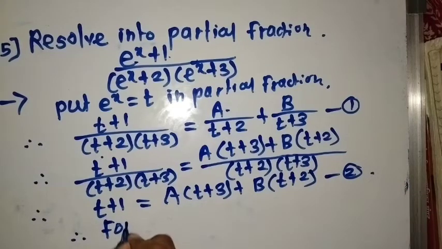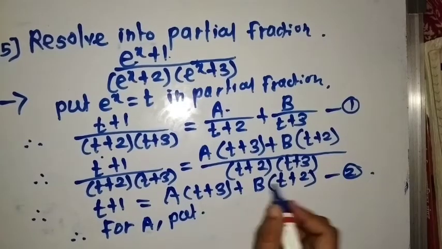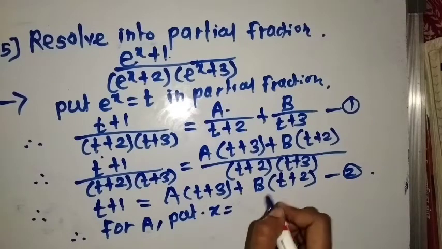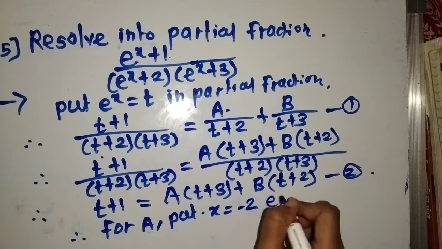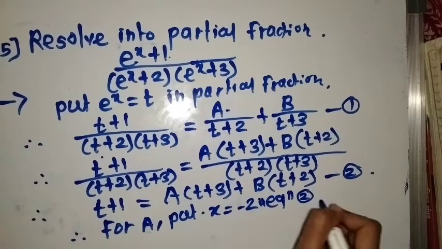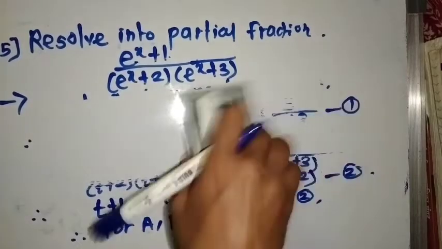To find out a, put... b should become 0. So put x is equal to -2 in equation 2.